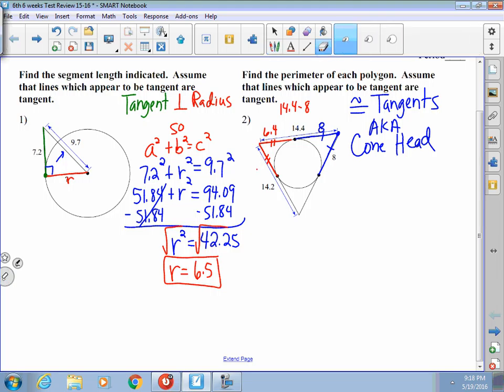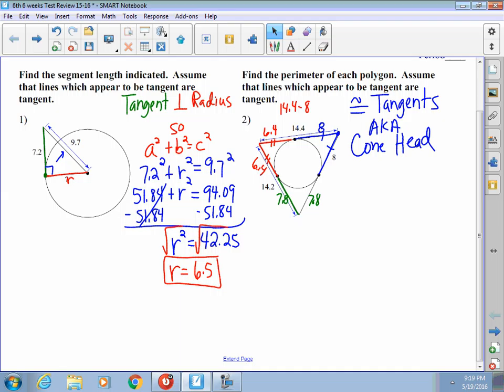That's going to be 6.4 for the other tangent. Now I can find the remaining tangent on this part by subtracting that 6.4 from 14.2. This will give me 7.8, which means this tangent over here would also be 7.8.